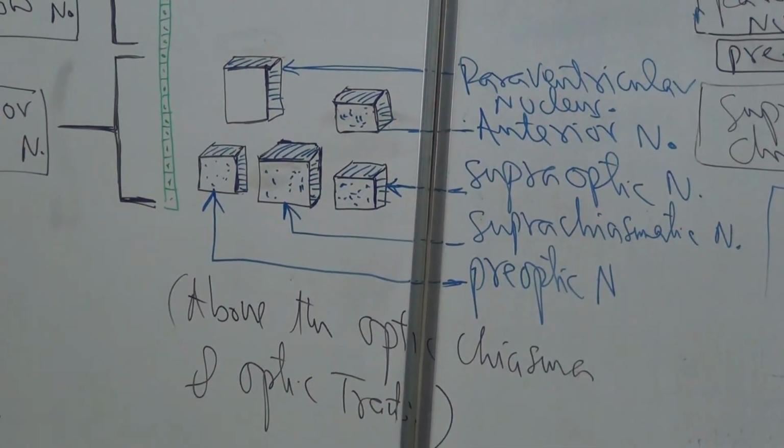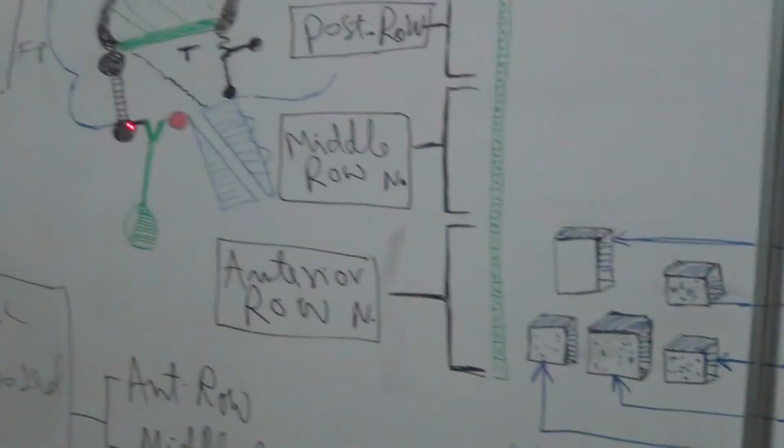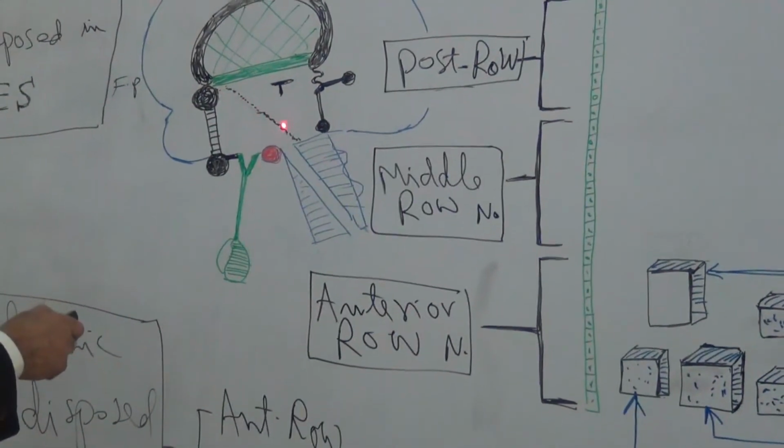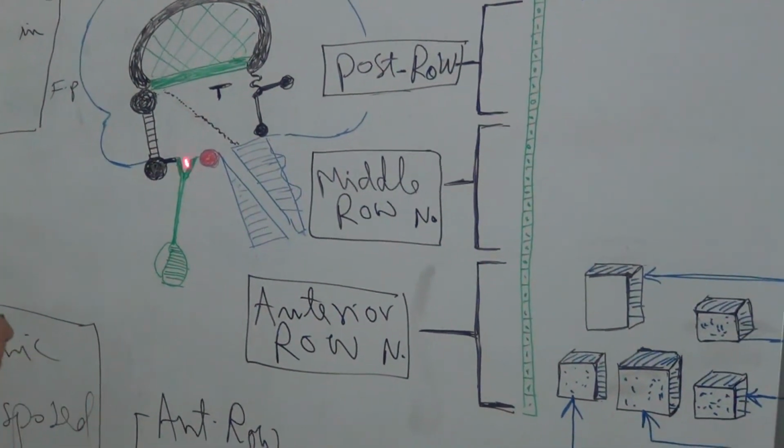Now in this figure we can see this is optic chiasma and optic tract, and this is the hypothalamus where there are several nuclei.